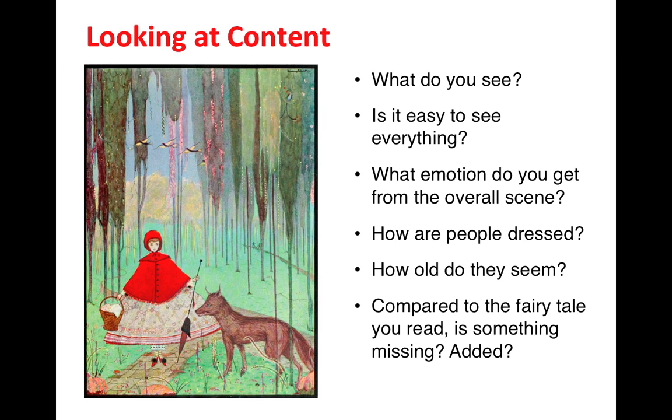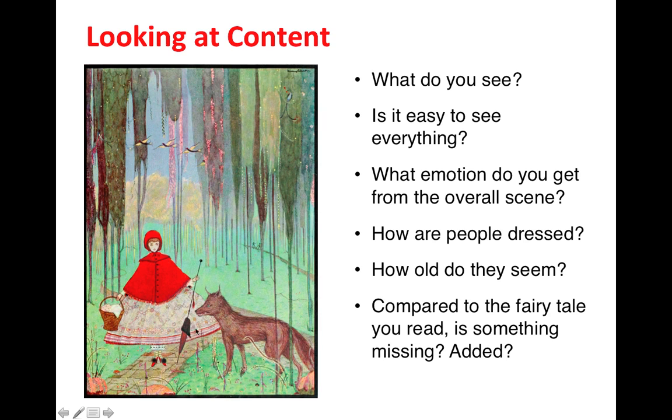And you can start getting more specific, especially if we're looking at fairy tale characters. How are people dressed? Look at Little Red Riding Hood here. She has her hood pulled up, it's buttoned in the front. Her skirt is like 15 times as wide as her head, and she has these little tiny feet.